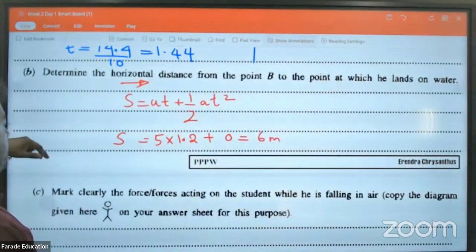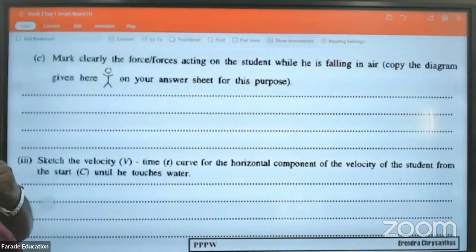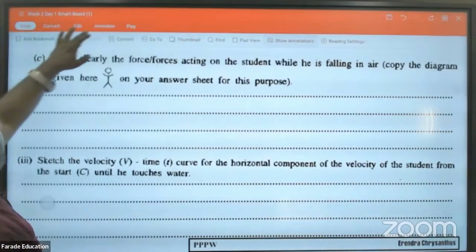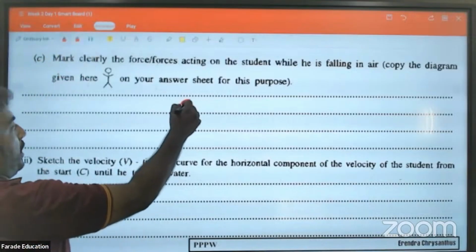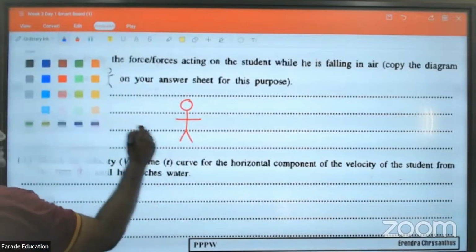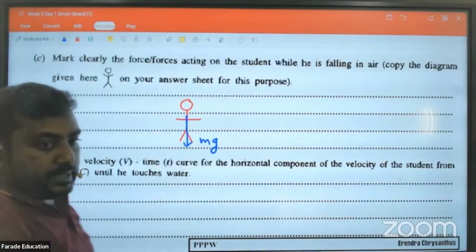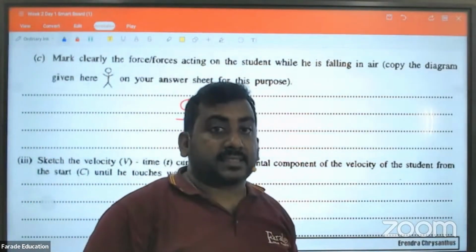Now look. Mark clearly the forces acting on the student while he is falling in air. Falling in air means only weight is acting. You might say, sir, what about air resistance? What about upthrust?